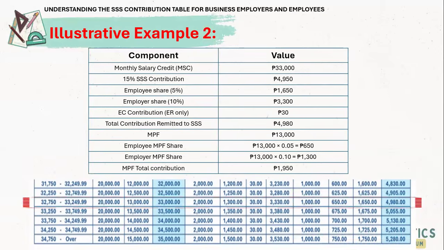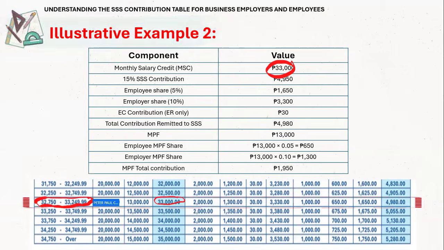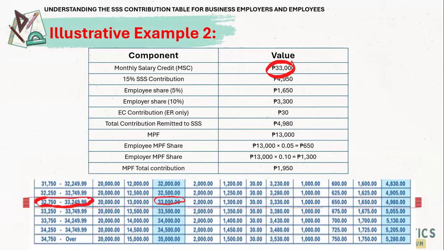Now, what if your monthly salary credit is 33,000? So look at the bracket. So it's under this bracket, 33,000. So you see that everything is 20,000, and on top of that is your MPF. Now, the 15% of 33,000 is 4,950, and that is equivalent to your total contribution.